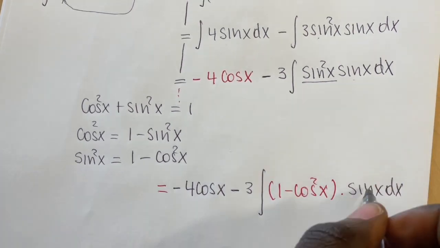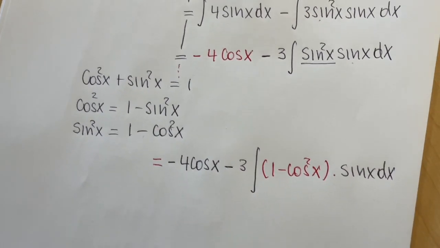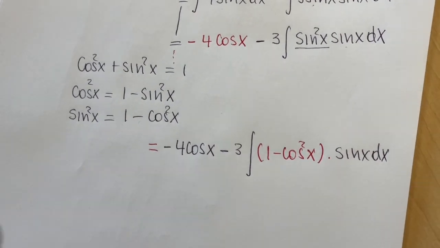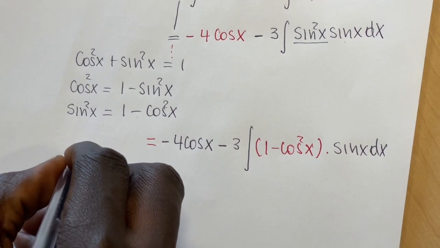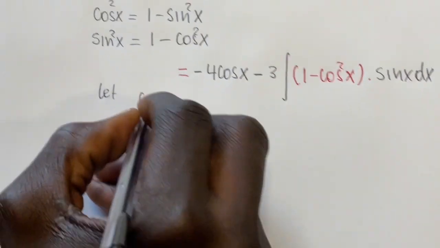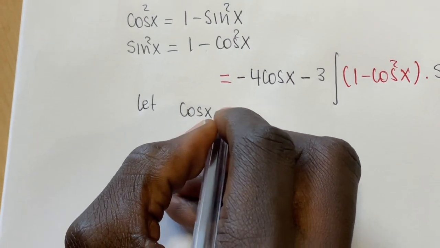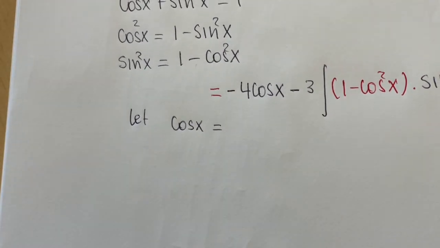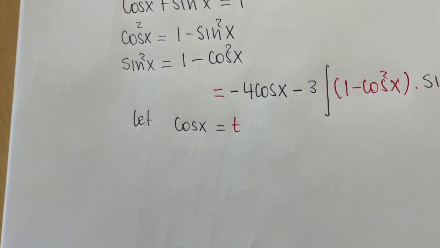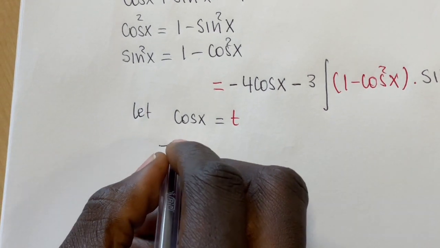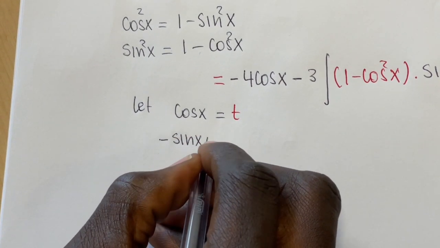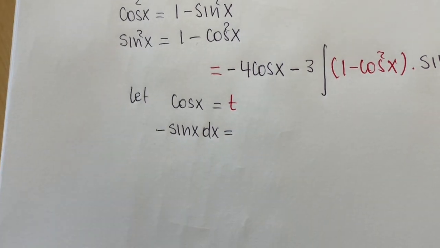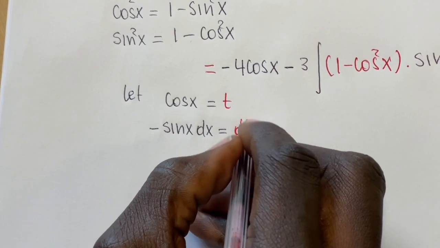I just repeat that sine there, and sine squared, I put that one. So now from here, guys, you will see we can say let cos x become t. What is the derivative of cos? The derivative of cos is minus, so we're going to have minus sine x dx, and the derivative of t with respect to t is dt.